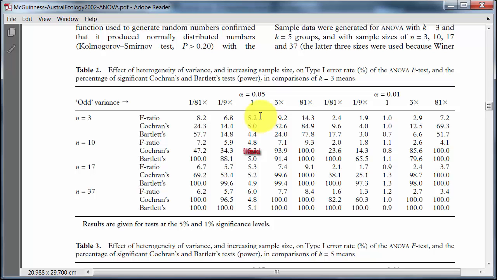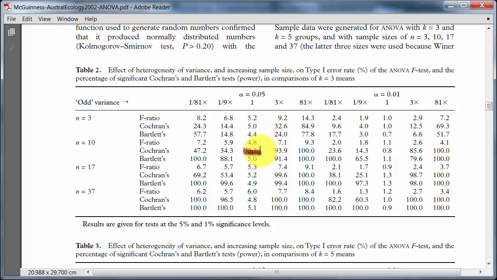For each simulation, and I can't always remember how many I did, probably about 1,000, I checked first whether Cochran's test or Bartlett's test was significant, and then I went and did the analysis of variance and checked whether or not that was significant. Now, if all the variances are equal and the null hypothesis is true, which it is for these data, the means of all the groups were equal, then we should get about 5% significance tests for all of the tests.